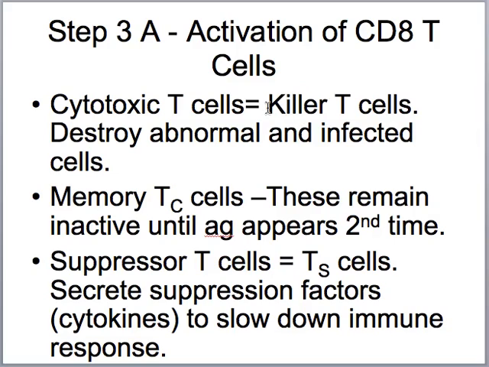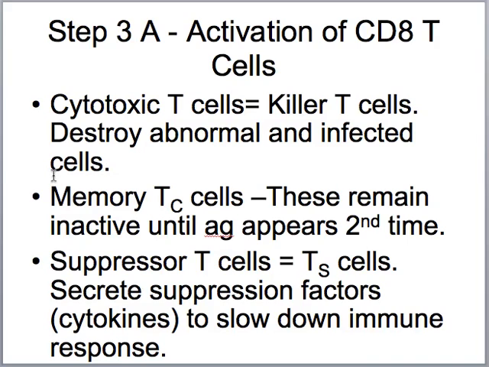Okay, so here's step 3A, the activation of the CD8 T cells. The cytotoxic T cells, or the killer T cells, destroy the abnormal and infected cell. They will kill the cell. So the cell that's been infected is a dead cell.